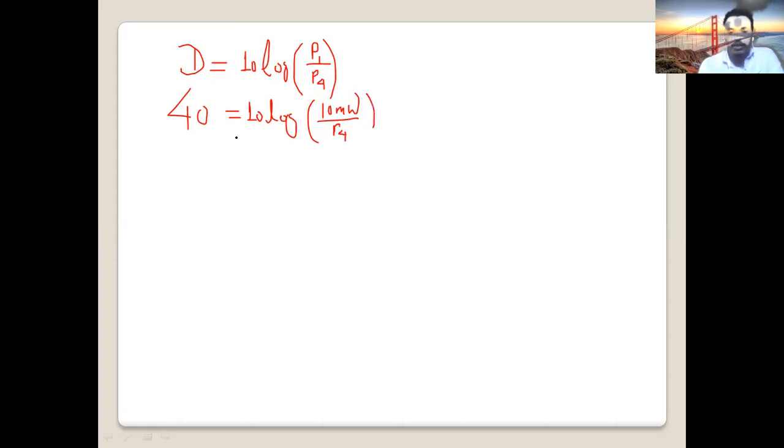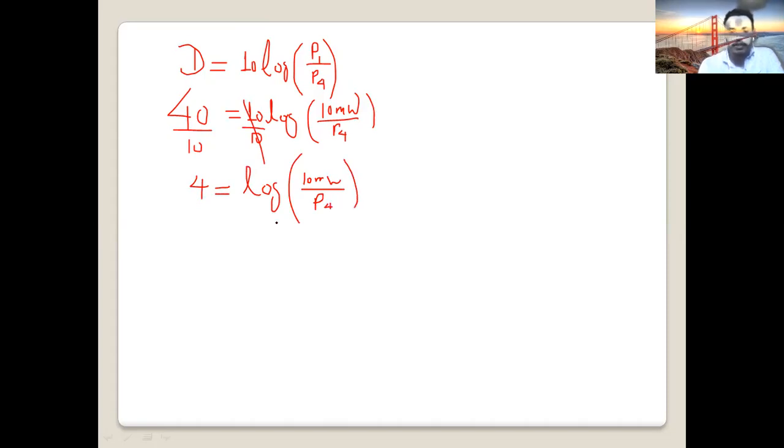Okay, how are we going to calculate? Similar procedure. Divide this by 10, divide this by 10, so the 10 gets cancelled. 40 divided by 10 will be 4, which is equal to log of 10 milliwatt divided by P4.